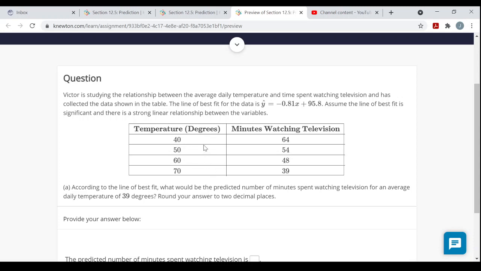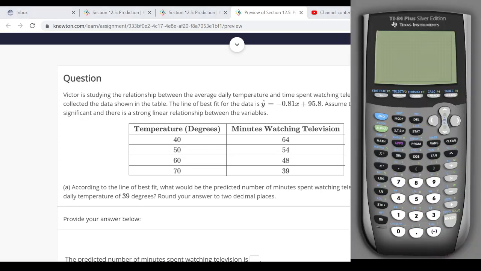And what I'm going to do, like I said, I'll put this up on a calculator. You don't have to do this, but I'm going to. So I'm going to enter these lists. So stat, edit, and then down list L1. I'll have the temperatures be my x coordinates, right?